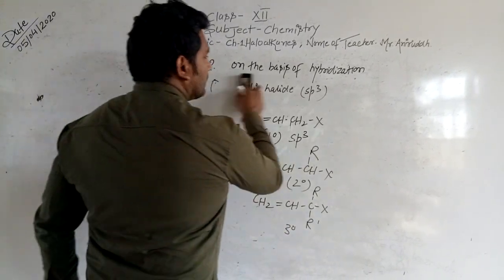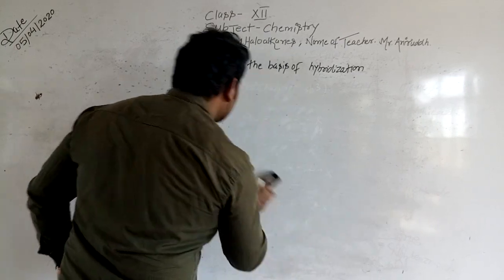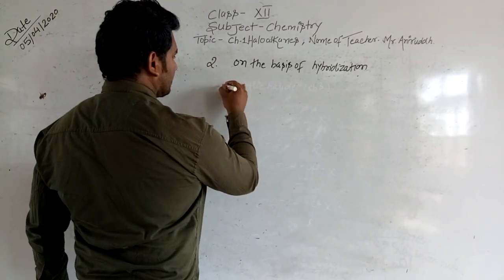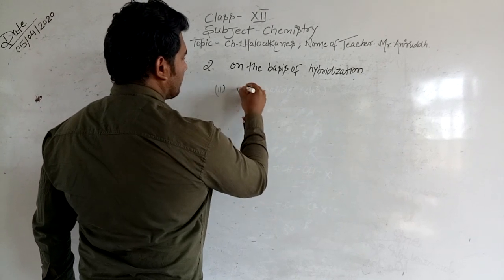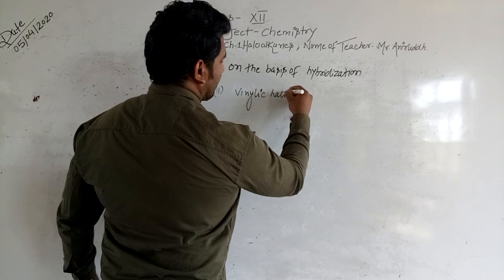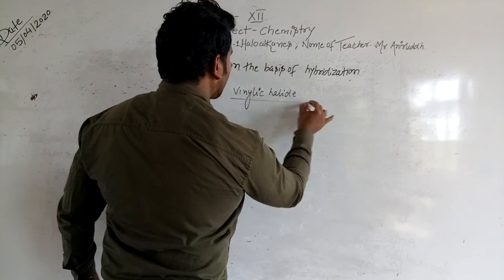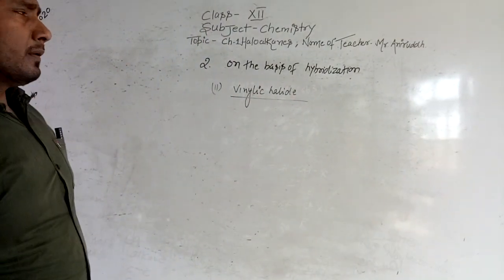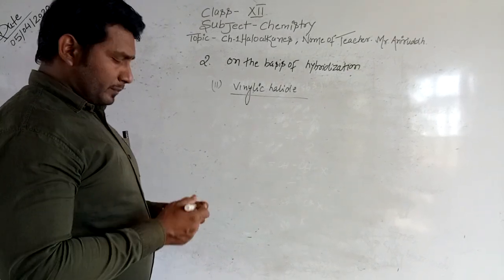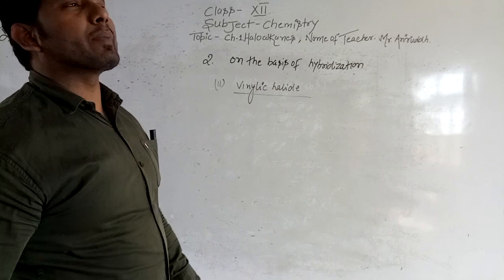Now the second one is called vinylic halide. What do you mean by vinylic halide? The halogen atom is attached to one of the doubly bonded carbon atoms.